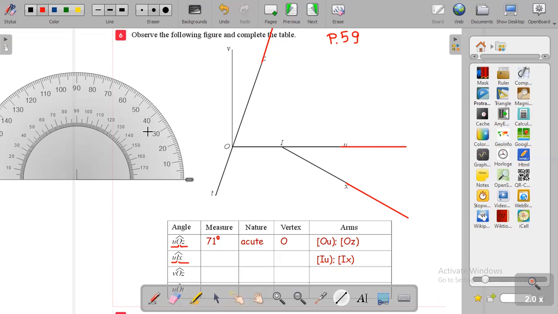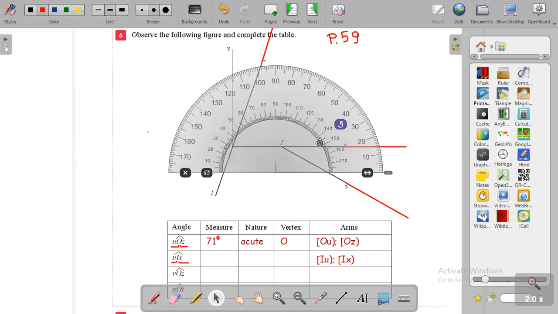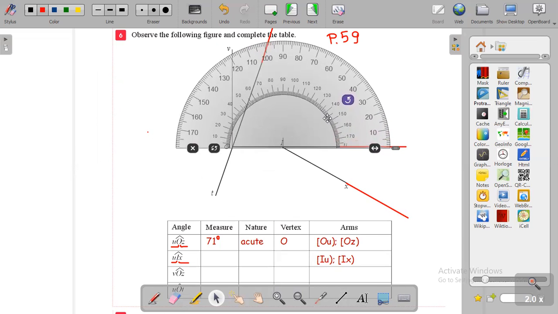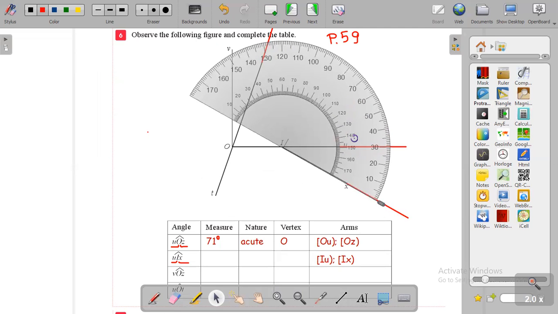Now we take the protractor and we put it on one arm. For example, we can put it on IX.